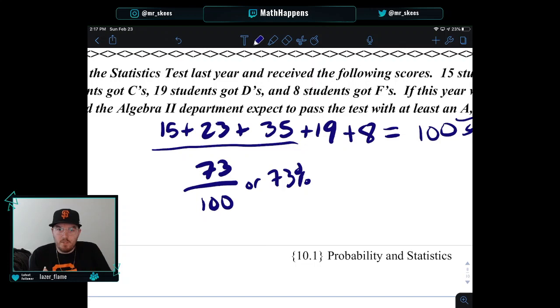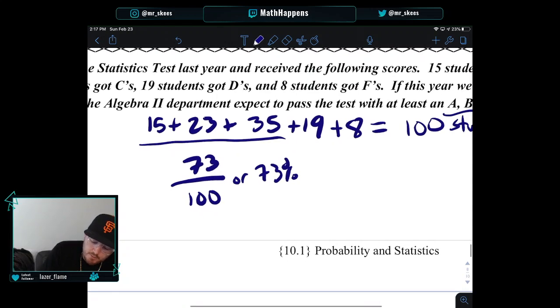So 73 out of 100, well, we're assuming if 73%, whether it was out of 100 or 50 or 1,000, what we're saying is if 73% got A's, B's, or C's, then we're going to safely assume that 73% are going to get A's, B's, and C's now.